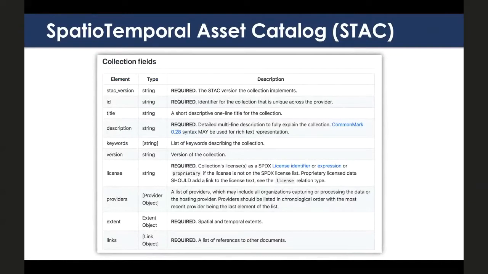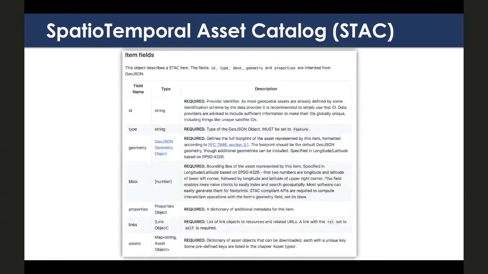When you go to the item level, you have more detailed metadata there, like the geometry is included, the bounding box, the properties can be like a dictionary where you add different things, which includes the extension, and the links, which is an object to the resources and related URLs.